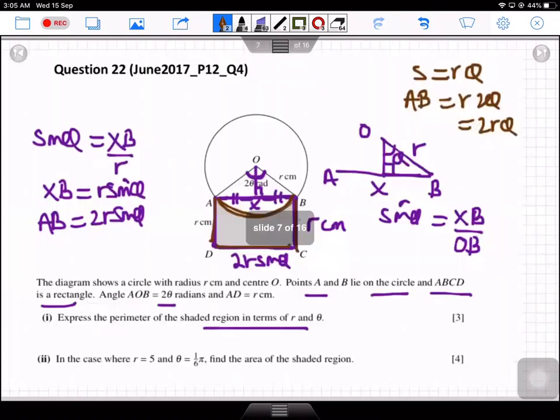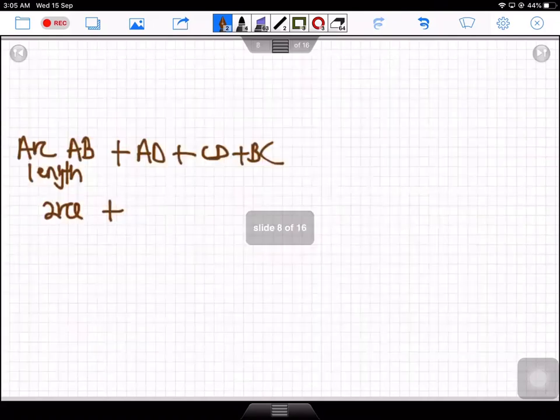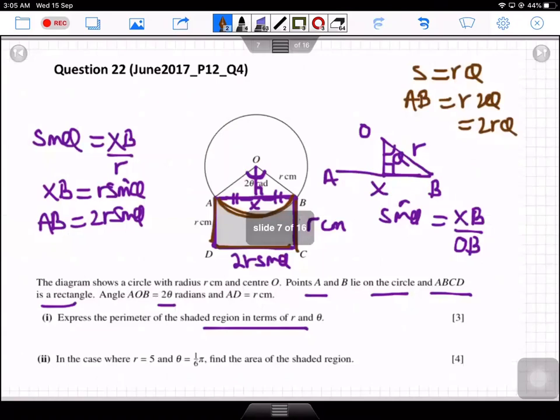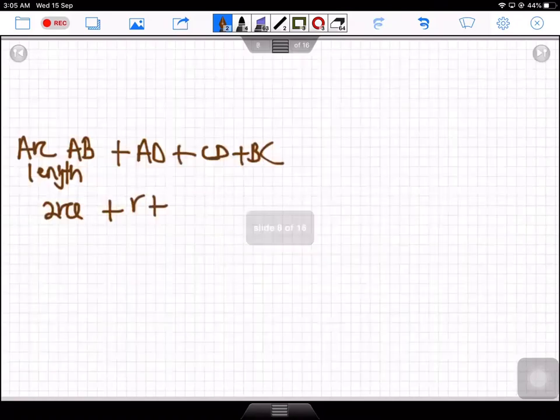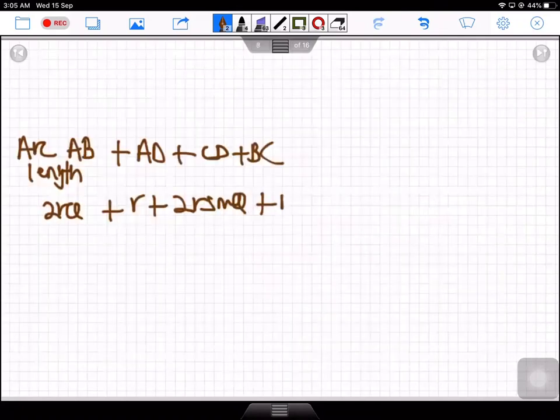So arc length AB is 2r theta, AD is r centimeter, CD length is 2r sine theta, and this BC length is also r centimeter. So 2r theta plus 2r plus 2r sine theta.